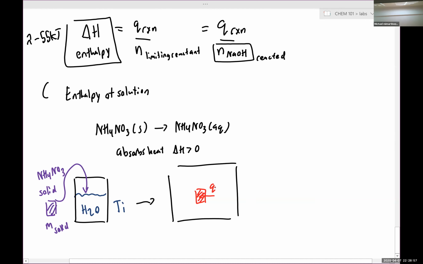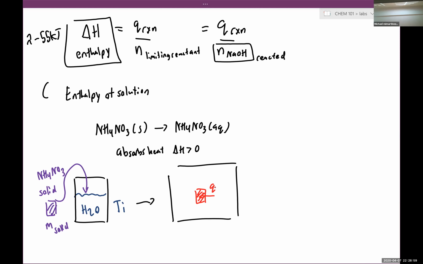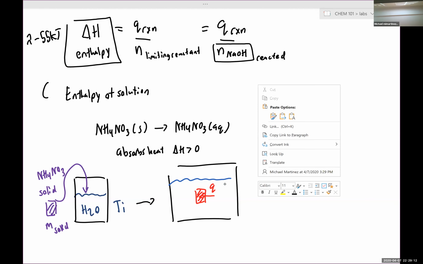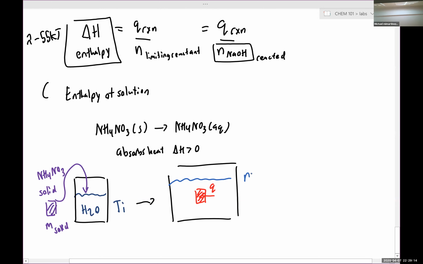I always like to draw a box to help me visualize heat transfer. So this physical process will absorb heat. Okay, so we're going to have a solution, so we can record the mass of the solution and the T final of our solution.